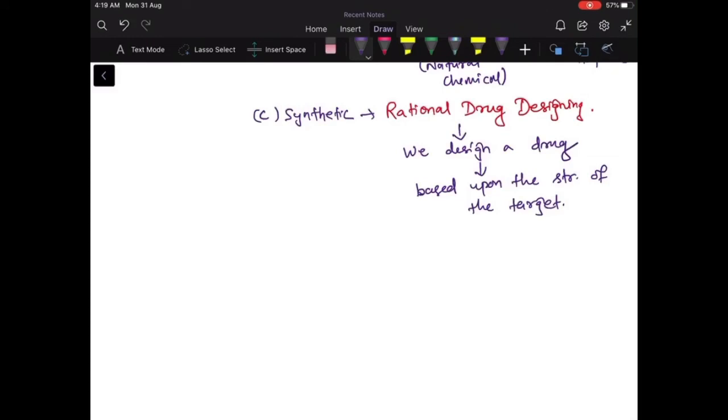As of today, the synthetic chemicals are the most common source of drugs.